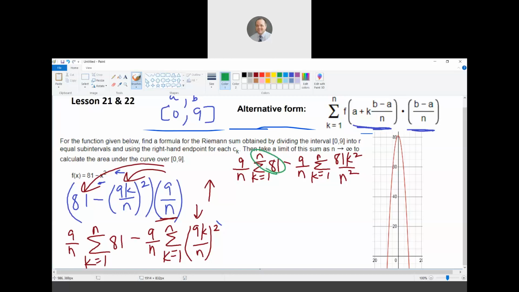If you're taking the sum of a constant, then it's just going to be that constant times n, the multiplier. It's like if you were summing 81, let's say it was going from k equal to 1 to 12. Well, all that means is you're just summing up 12 81s, or that's the same thing as multiplying 81 by 12. So this part here would be 81n.